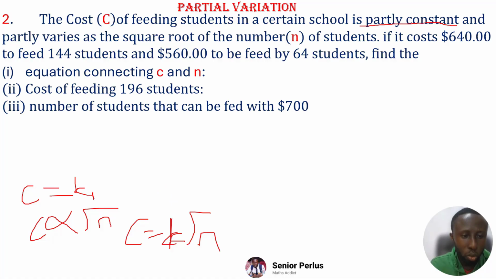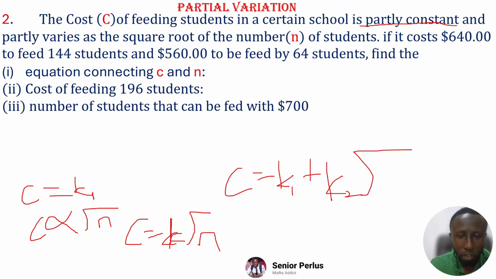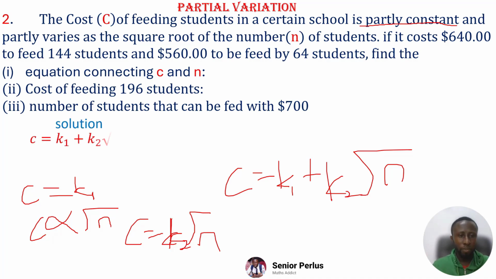So this can be written as k1 plus the variable part, k2 root N. That's what they are saying: the cost of feeding students in a certain school is partly constant and partly varies as the square root of n.